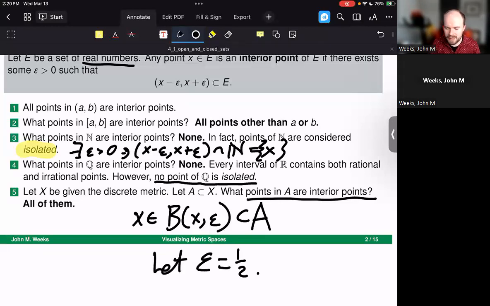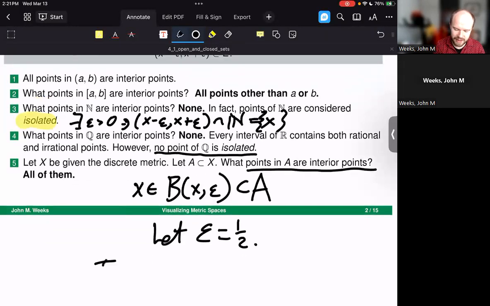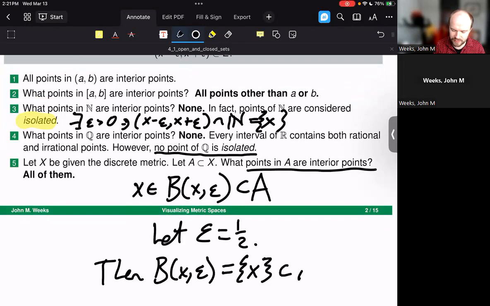So of course, that's going to be a subset of the set A entirely, because this is just the set {x} when epsilon is equal to 1/2. To be clear on that, let epsilon equal 1/2, then the ball around x of radius epsilon is equal to just the set {x}, which is, of course, a subset of A, as we started with saying this point was in A, to ask if it was an interior point.